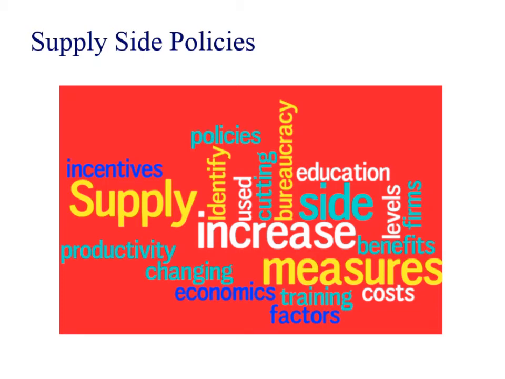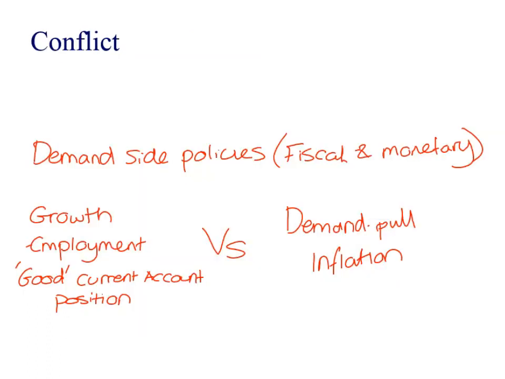So looking at a different type of policy now, supply side policies. If we think back to our demand side policies, fiscal and monetary policies, there's actually conflict between them. The government's top four objectives are positive economic growth, low unemployment, low and stable inflation, and a good current account position.